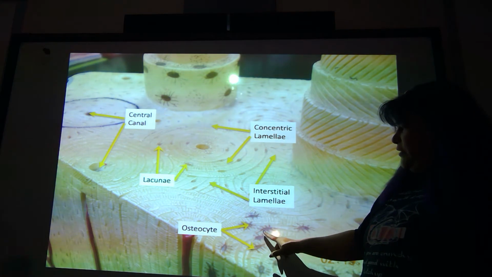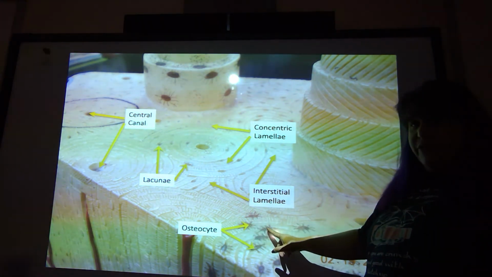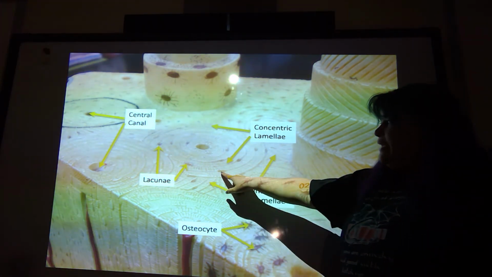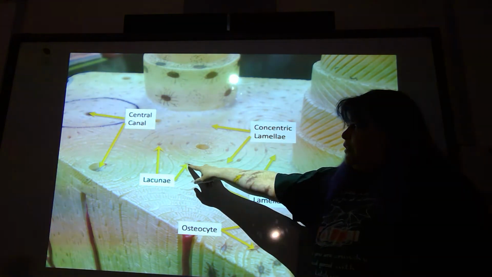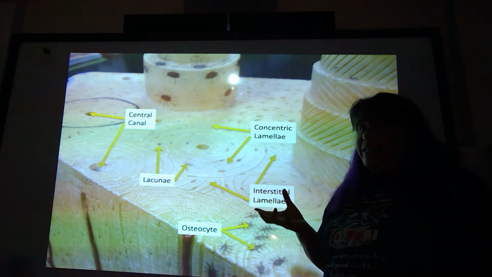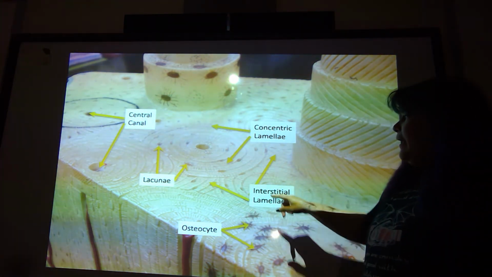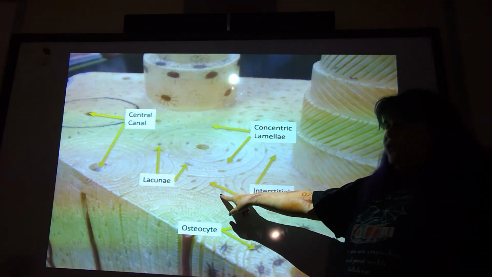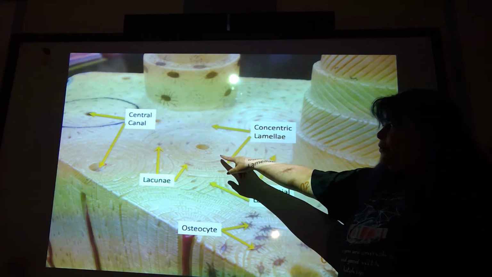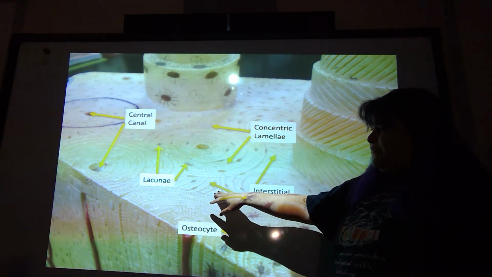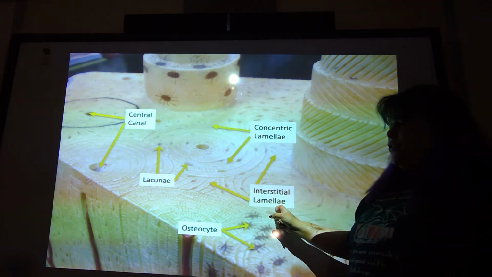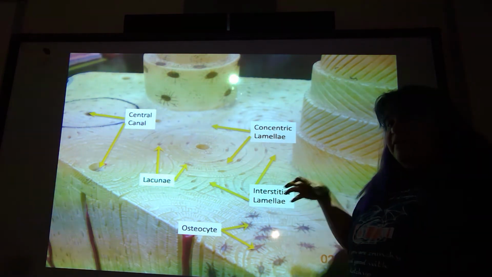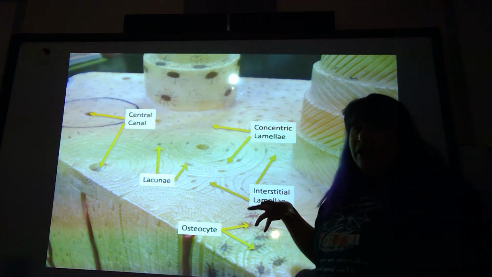Here are the osteocytes. They're the cells that are filling those holes. Here are the lacuna. Notice that there are no cells sitting in them. And then if you look here, these are not circles. They're not perfect bullseyes. They're just kind of filling space. These are those interstitial lamella, filling the spaces between our osteons.